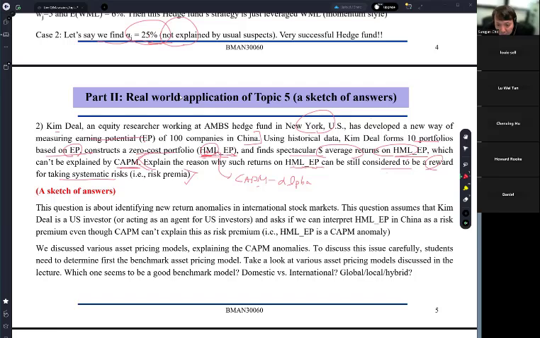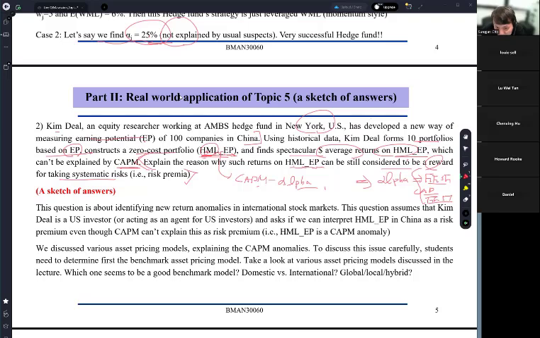Even though this is the CAPM alpha, that doesn't necessarily mean this is the alpha for a more complex model. Let's say you use the Fama-French 3-factor model, or the Carhart 4-factor model, or the Fama-French 5-factor model. This could be CAPM alpha, but there could be zero alpha if you use this model or the Carhart model or the Fama-French 5-factor model. That actually could be the answer for this question.